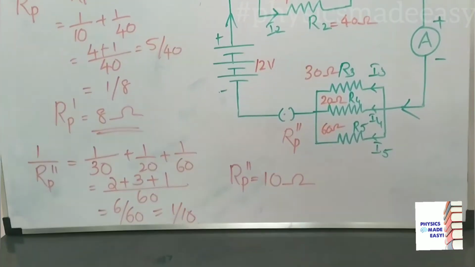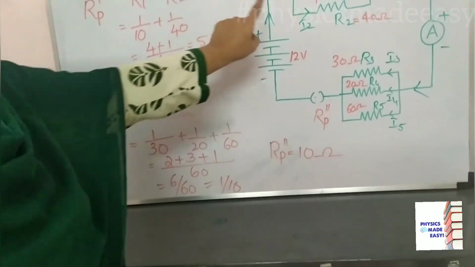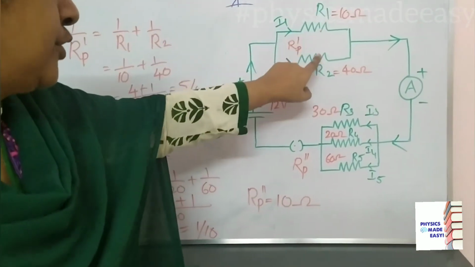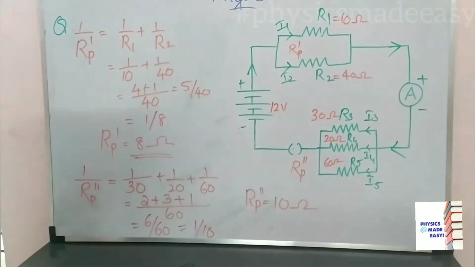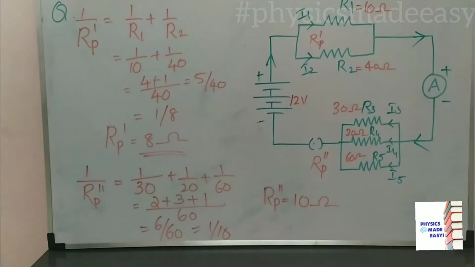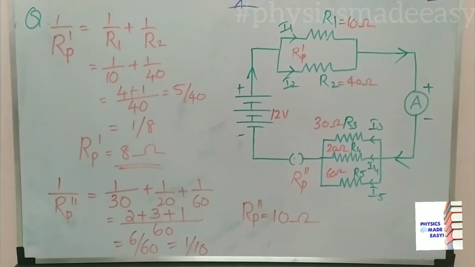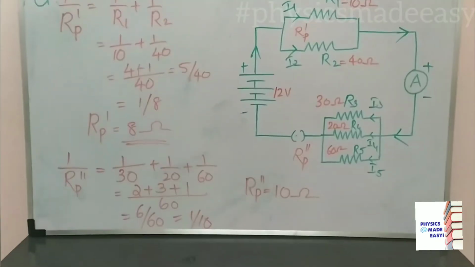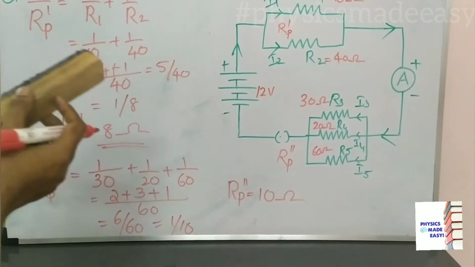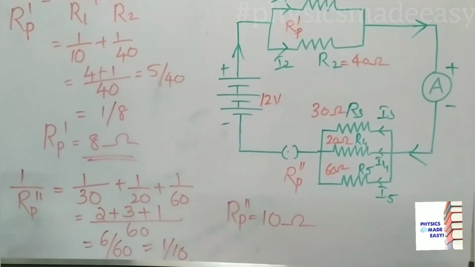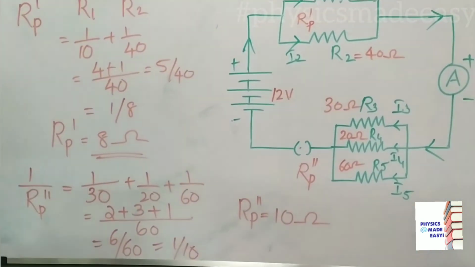Okay children, here Rp', the effective resistance of R1 and R2 connected in parallel, is 8 ohm. Now for this combination we got the effective resistance as 10 ohm. You know, effective resistance is the single resistance which we can use to replace that combination.